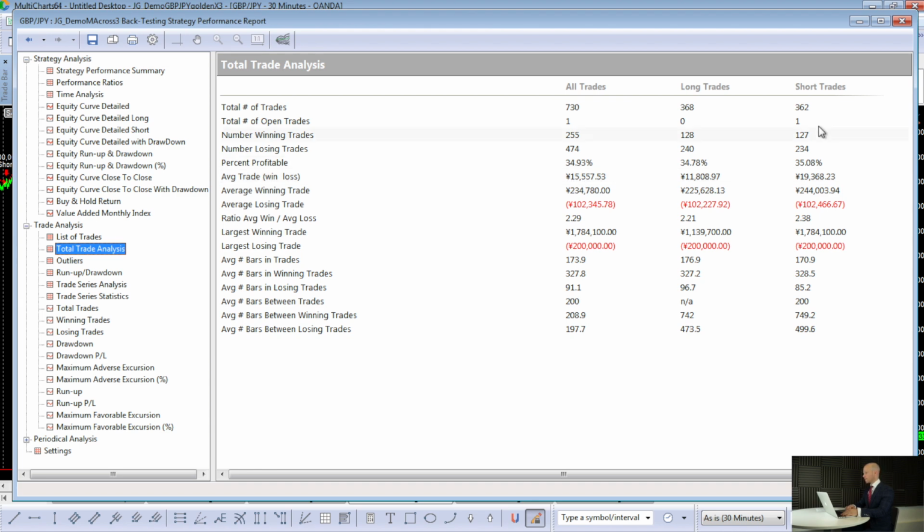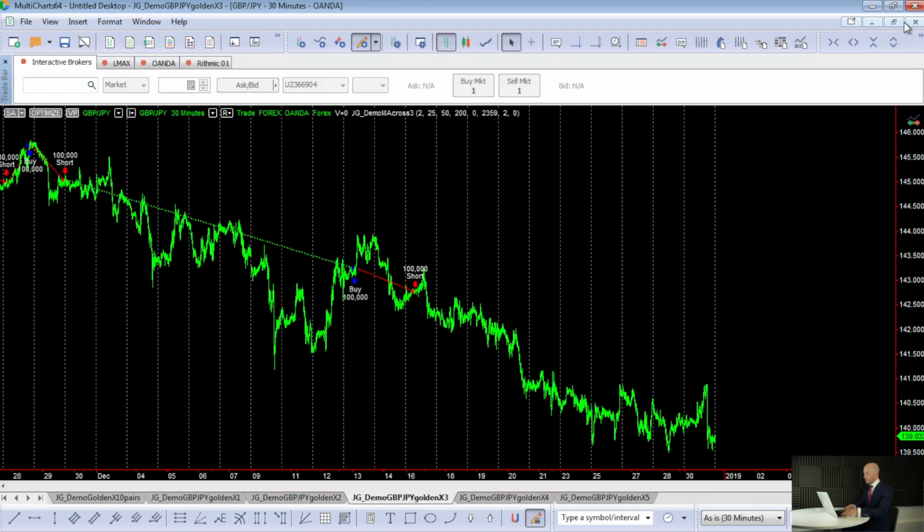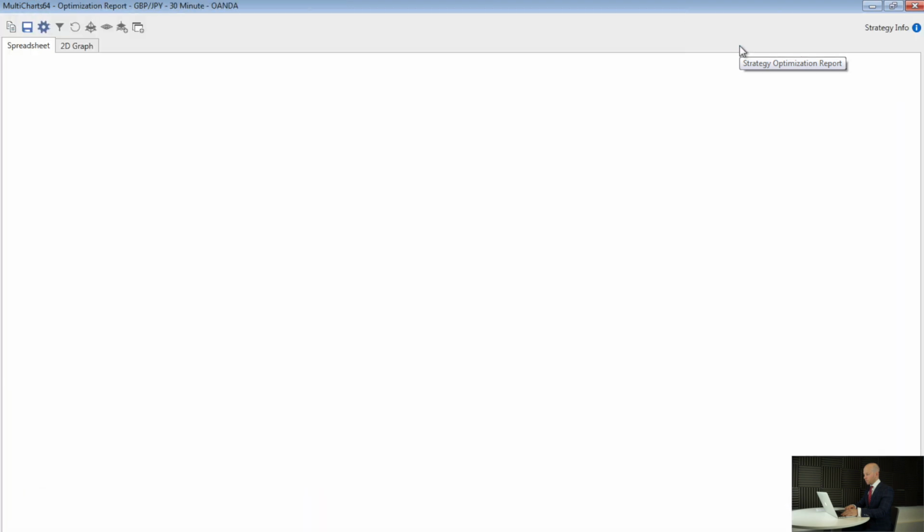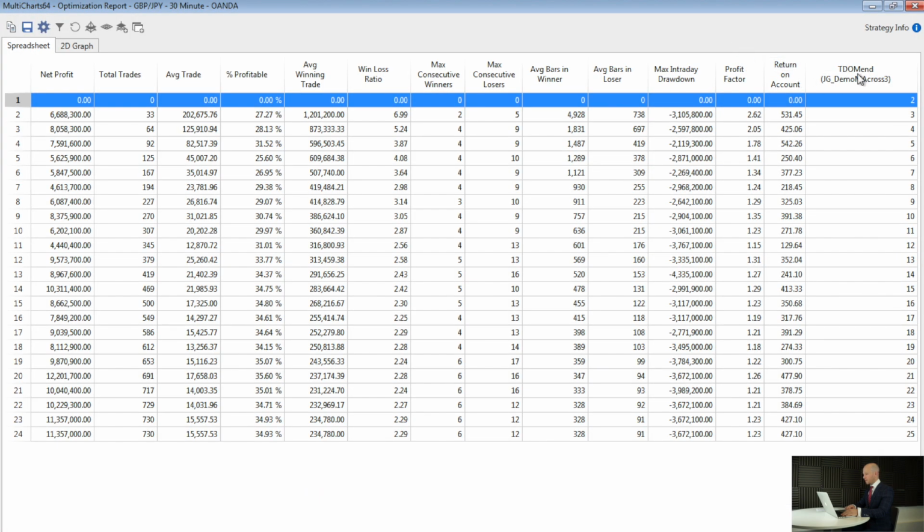Now, obviously, the next thing to do is look at when to stop trading throughout the month. So in the next optimization, I've optimized the end day, or the TDOM end, as I've called it. And I've optimized from day 2 through to day 24.